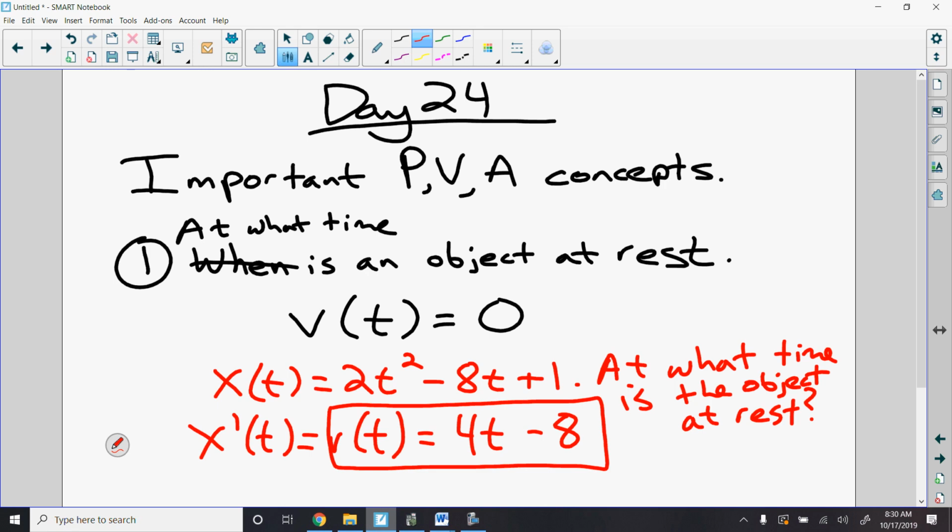Velocity is the rate of change of position, and we know that in calculus we can get instantaneous rates of change by doing derivatives. Now I'm not done yet. That's my velocity equation. Now I need to set my velocity equation equal to 0.